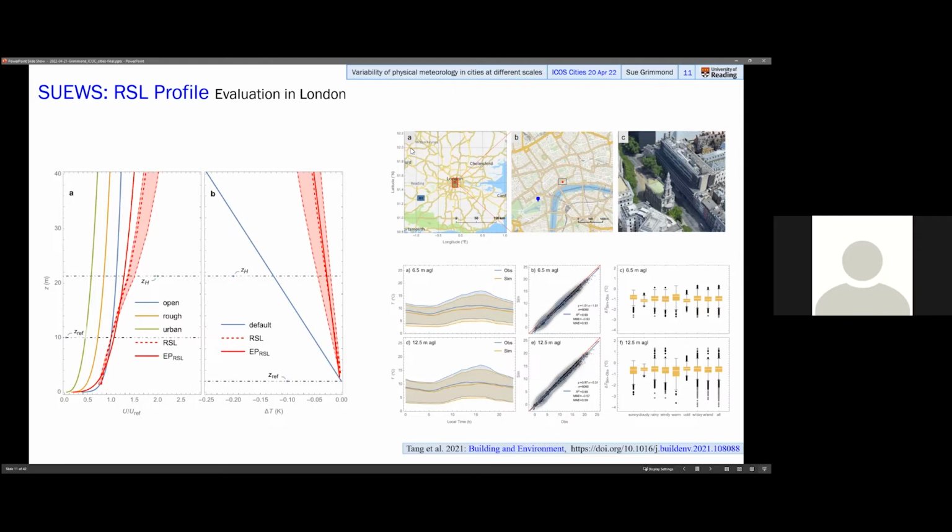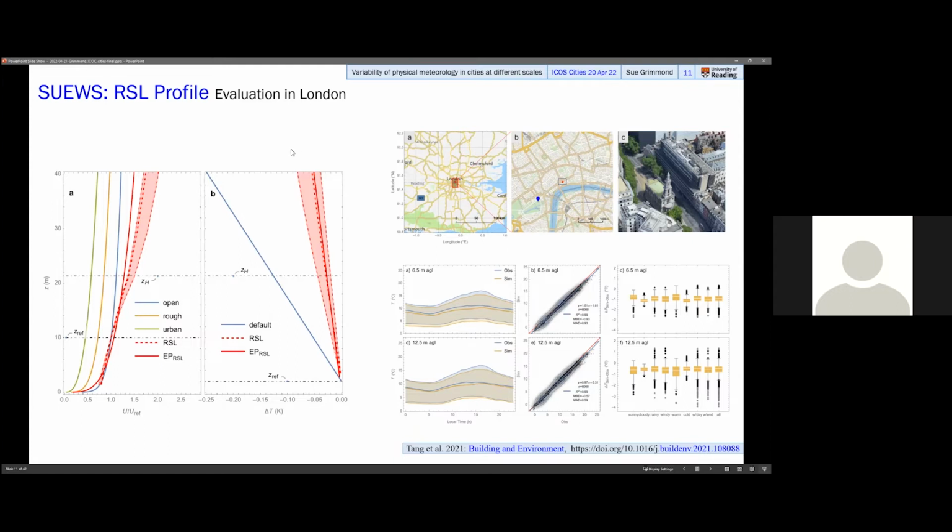So by putting this improvement into the model, we can not only help improve CO2 flux modeling by making realistic conditions within the urban canopy layer and the roughness sublayer, and also therefore what might be experienced by plants.